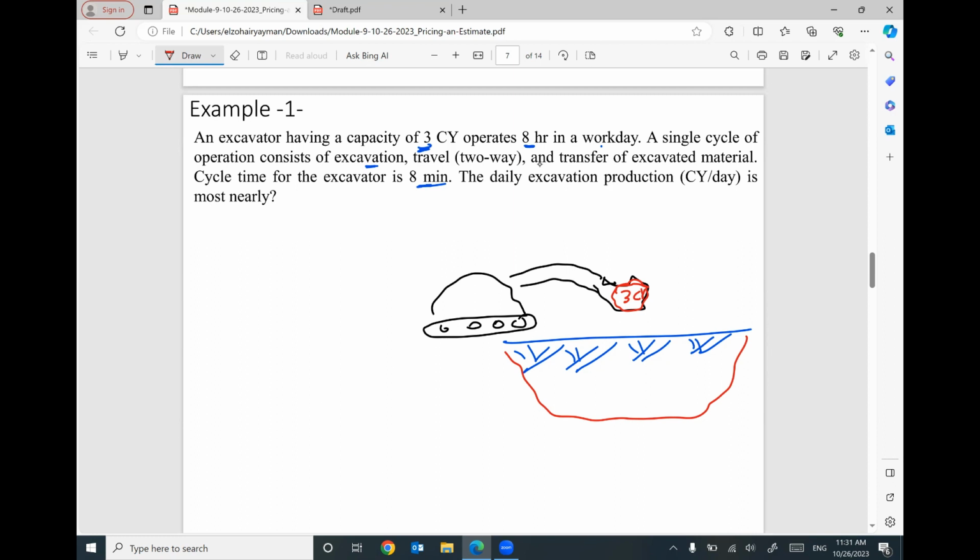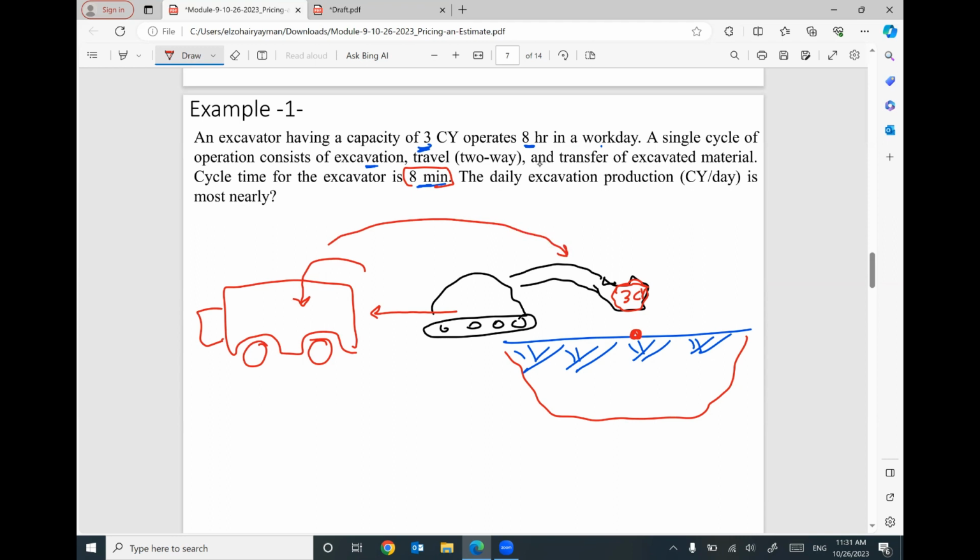And this excavator needs 8 minutes to excavate and return back to the truck, put the soil in this truck, and return back to do another excavation. This time needs 8 minutes. Does that make sense? So how much soil can this excavator excavate in cubic yards per day?